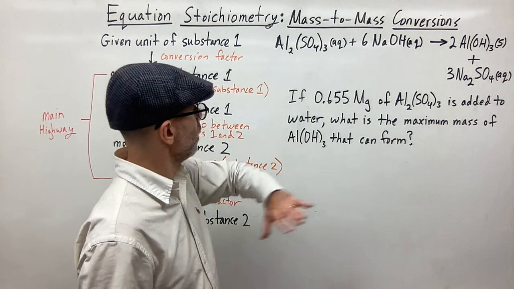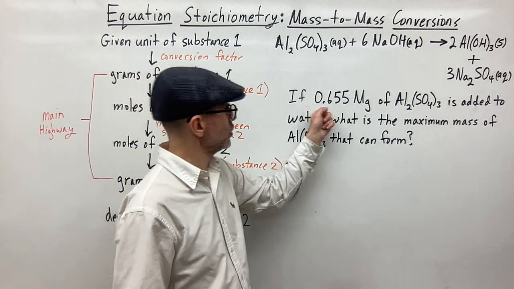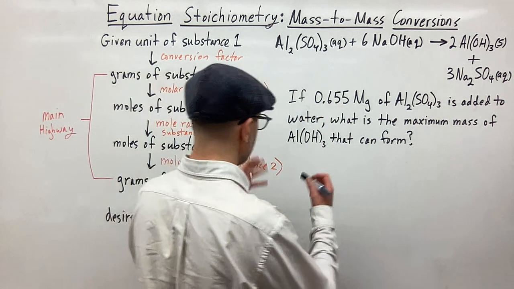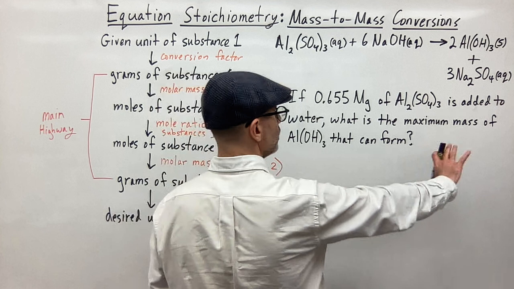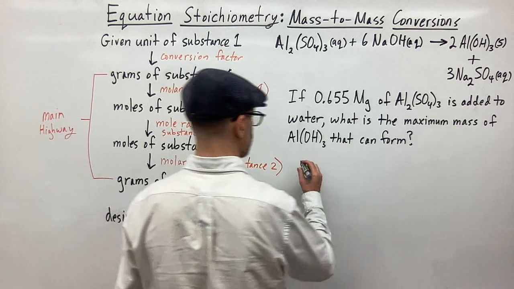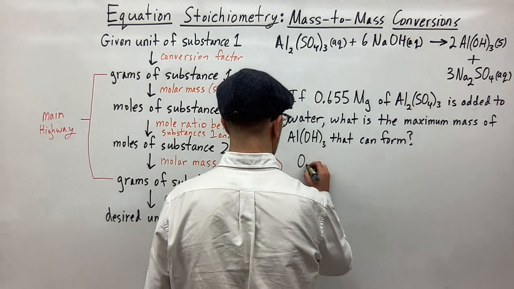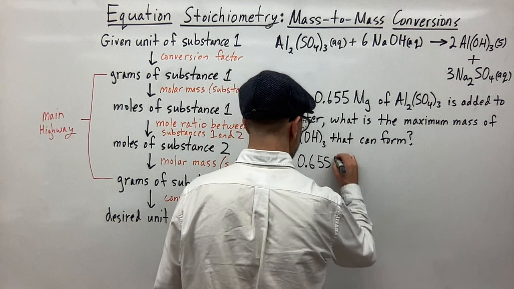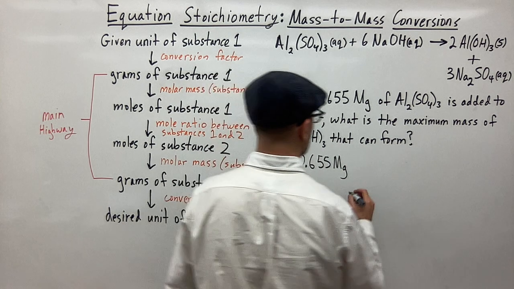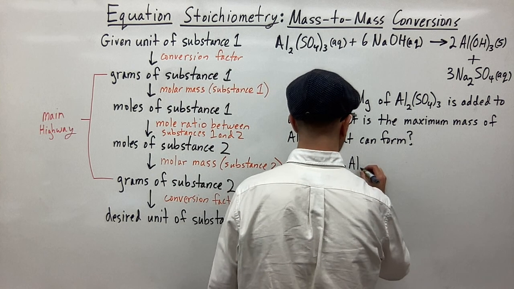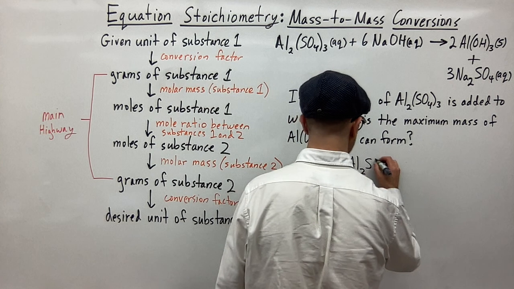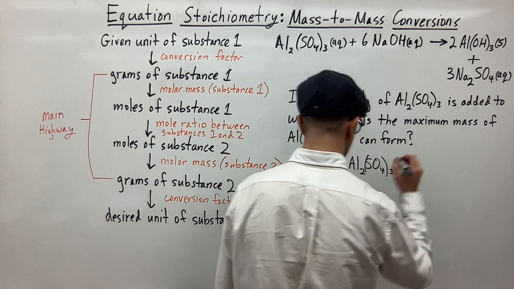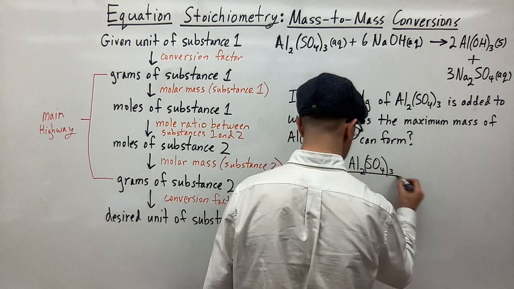So first thing we're going to do is start with what we're given. We're going to write conversion factors to convert. So we're given 0.655 megagrams of the aluminum sulfate, over 1.